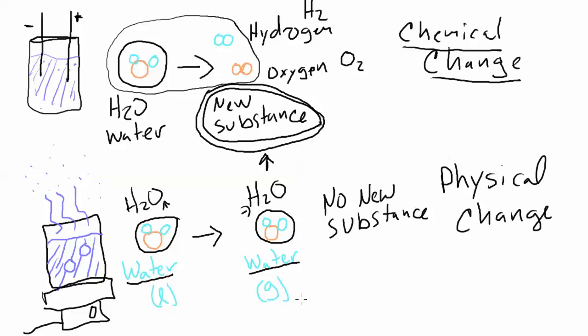And that's really all that there is to chemical and physical changes. So now that we've gone over the basics of what a chemical and a physical change is, let's think of some examples. Some of them are really easy, like if I take a piece of paper and I cut it into a bunch of little pieces.